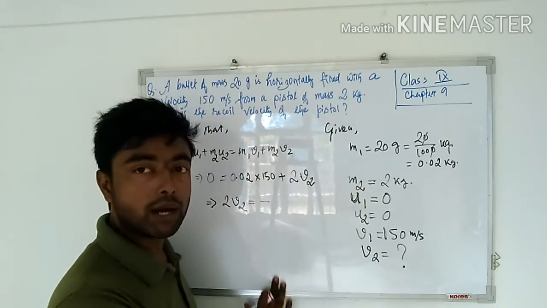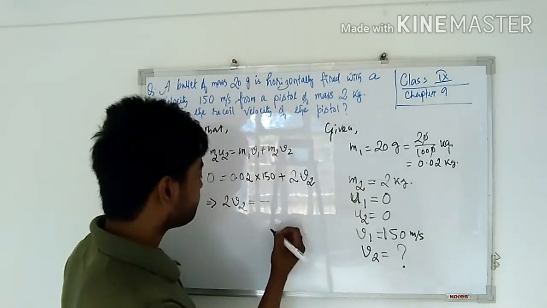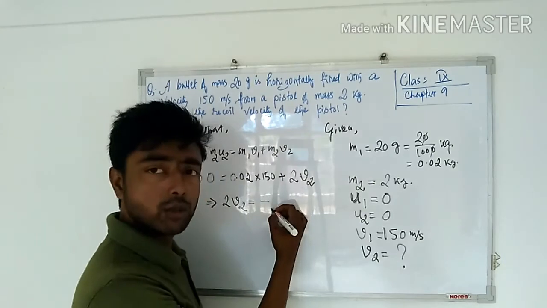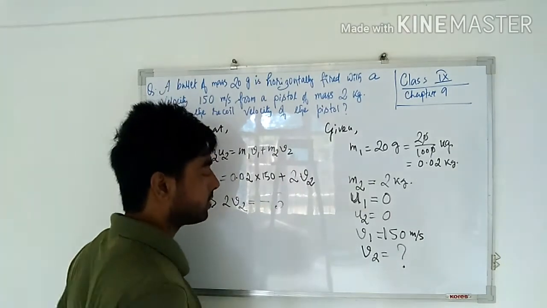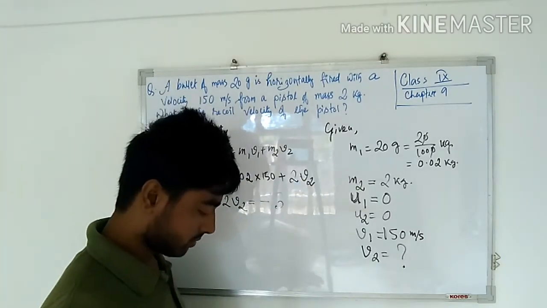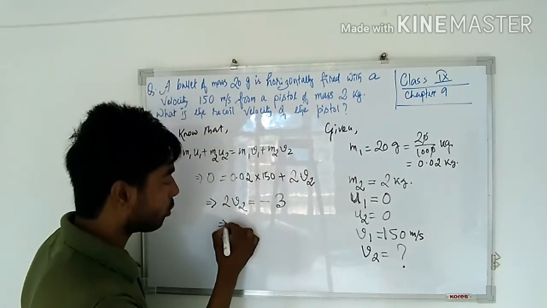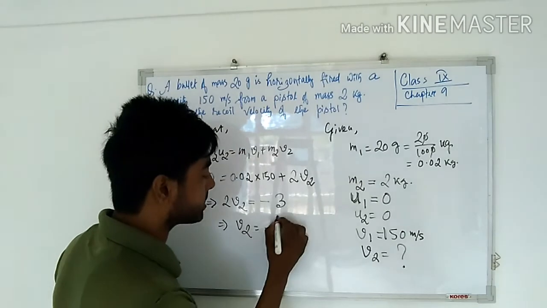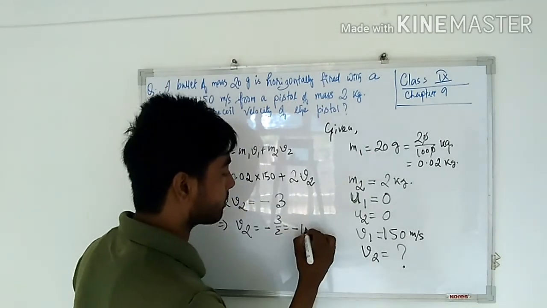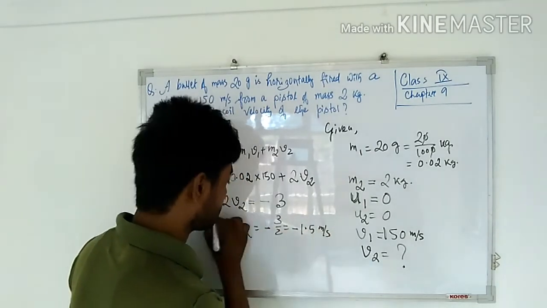If you multiply 150 by 0.02, you will get 3. Okay, 3 you will get. So V2 will be minus 3 by 2, it's minus 1.5 meter per second.